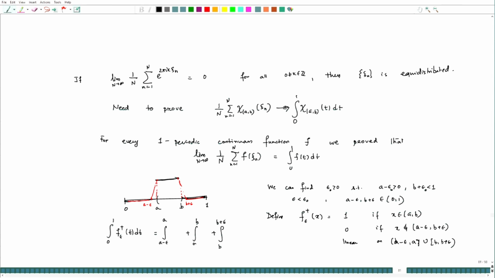This is equal to b minus a plus terms which are definitely less than epsilon each, because it is linear. So this is at most b minus a plus 2 epsilon.